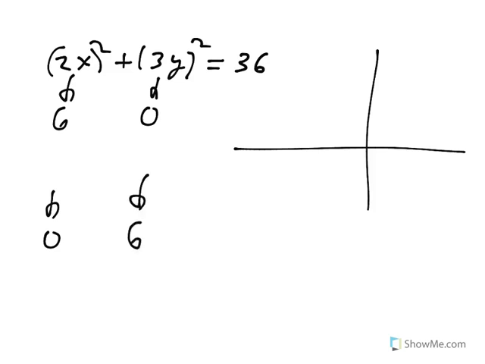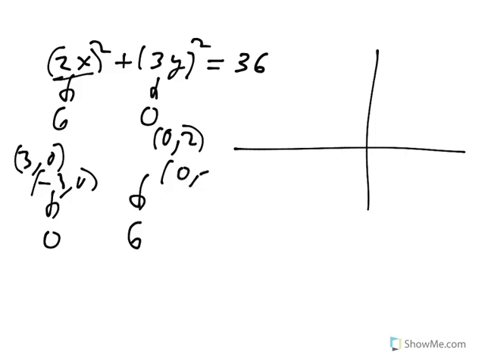So this is 6 when x is 3, so (3, 0) and (-3, 0). On the other hand, this other expression is 6 when y is 2 and x is 0. And when I graph these, you would see (3, 0), (-3, 0), (0, 2), (0, -2) makes an ellipse.